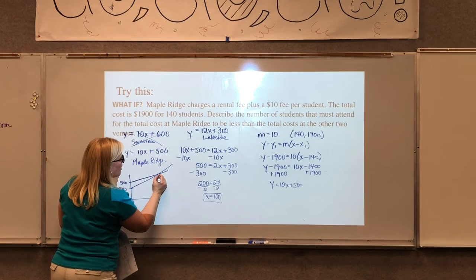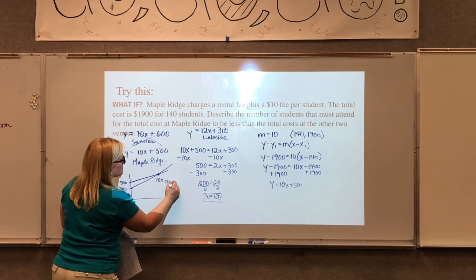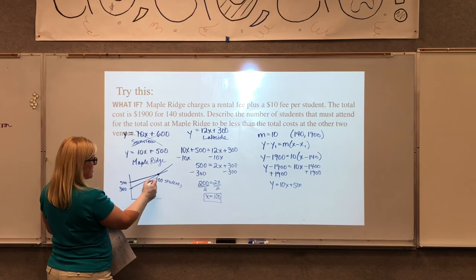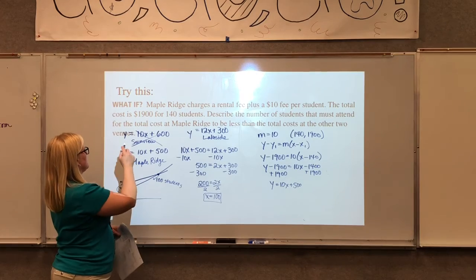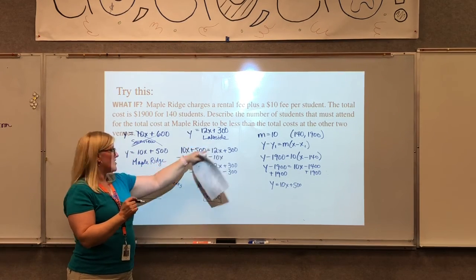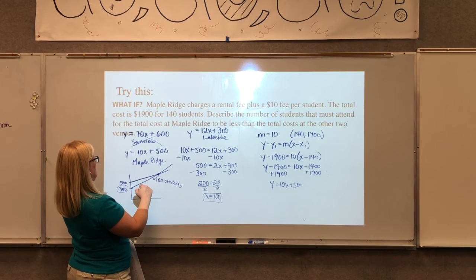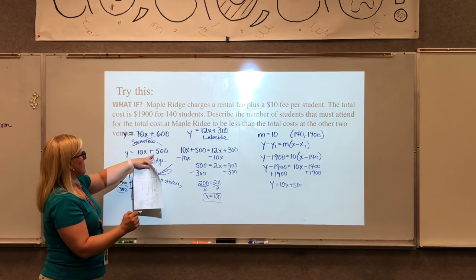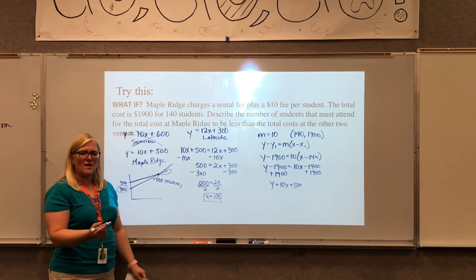Right here where it crosses is where there's 100 students. So if there are under 100 students, we want Lakeside. But if it's over 100, we want this one, because it will be less money in the long run. So I hope that makes sense.